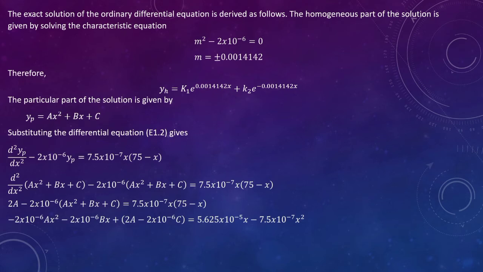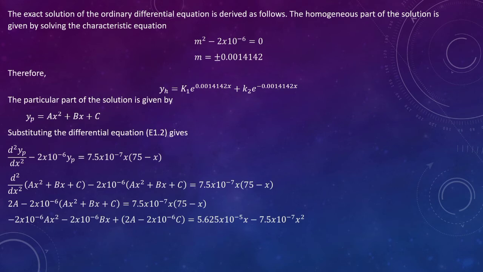So, mahimo na siya ang d squared over dx squared times ax squared plus bx plus c minus 2 times 10 raised to the power of negative 6 times ax squared plus bx plus c is equals to 7.5 times 10 raised to the power of negative 7 times x times the quantity of 75 minus x. Since d squared man siya, so mag-derive ta og kaduha.